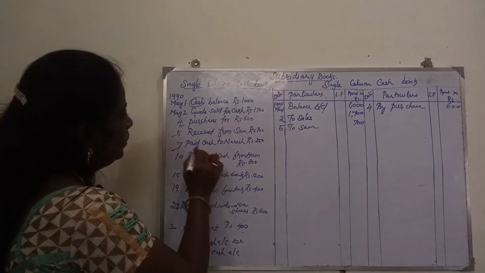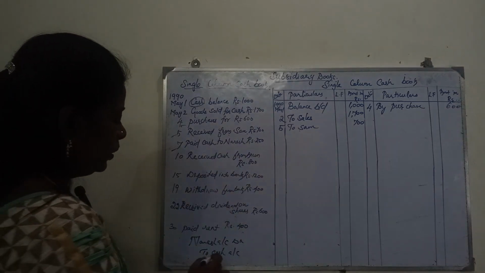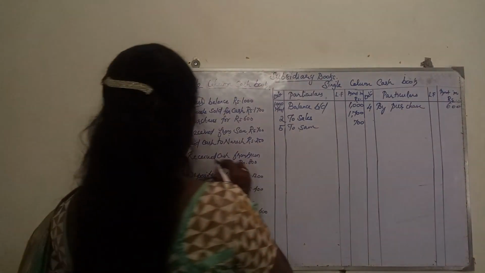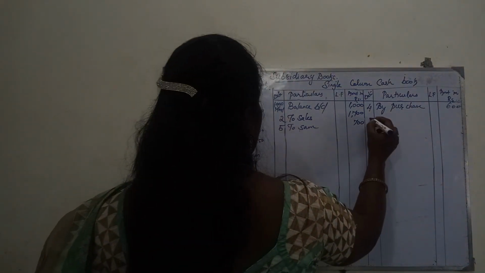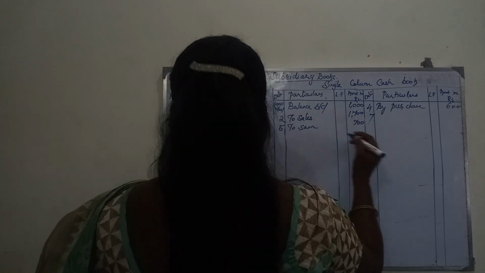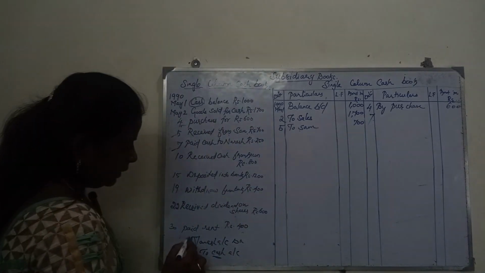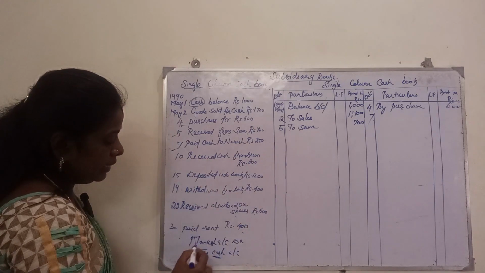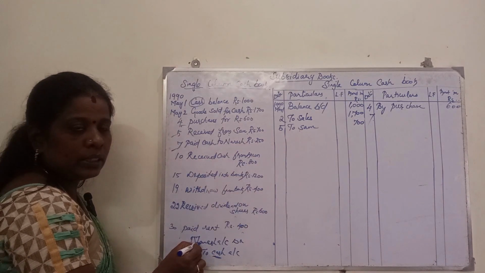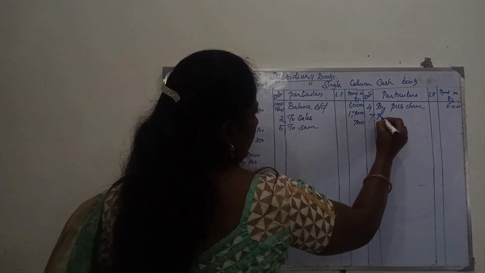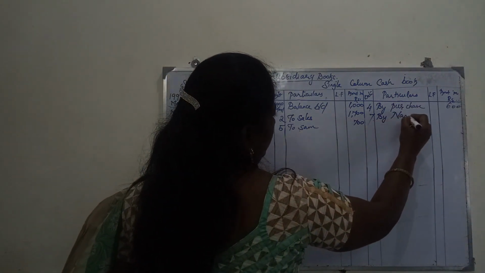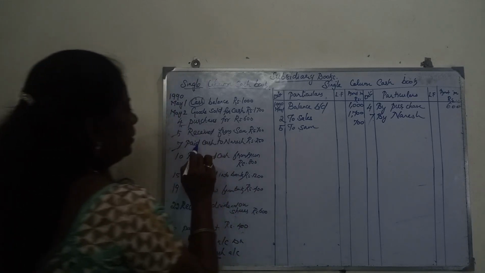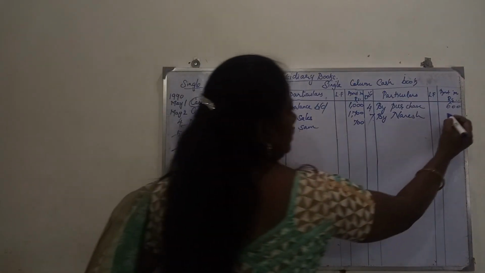So to cash, the amount is 250. So cash is on the credit side. Then we have to write on the credit side on date 7. In the opposite side, Naresh. By Naresh. So cash paid to Naresh, rupees 800.